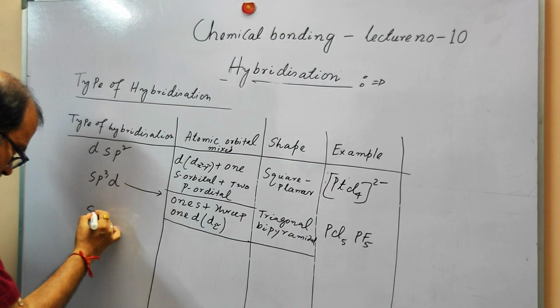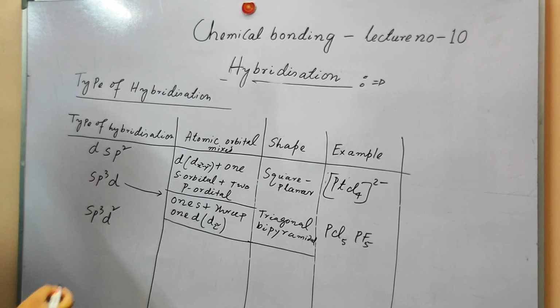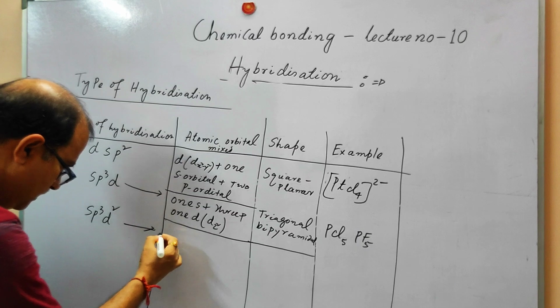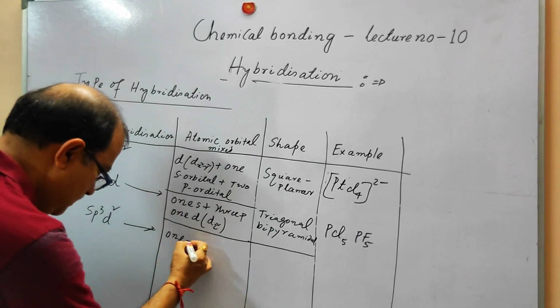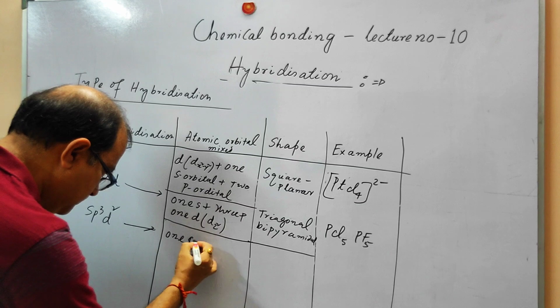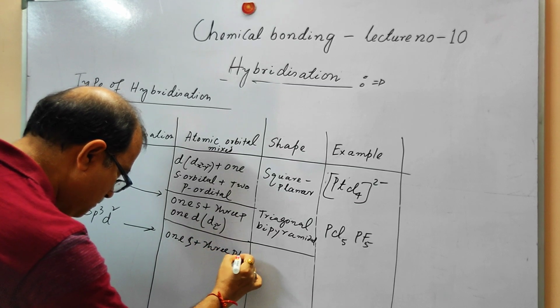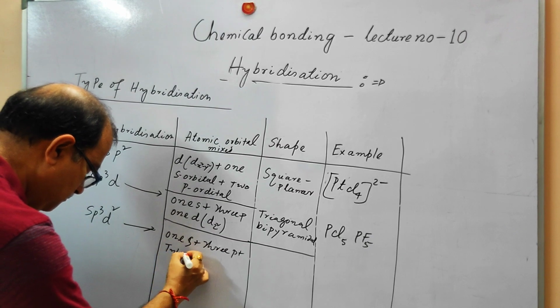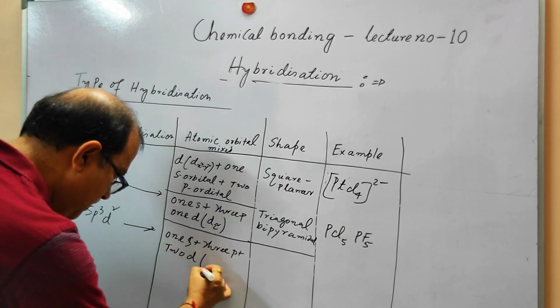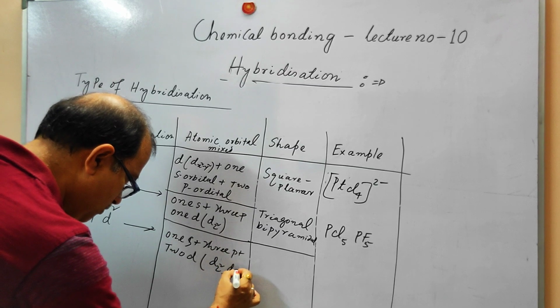Then another type of hybridization is this. Here 1s plus 3p plus 2d, and d here is z square and x square minus y square.